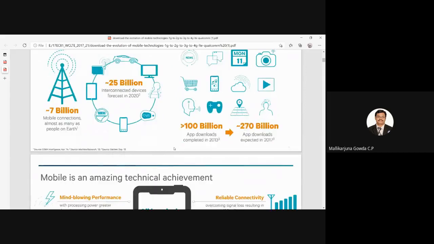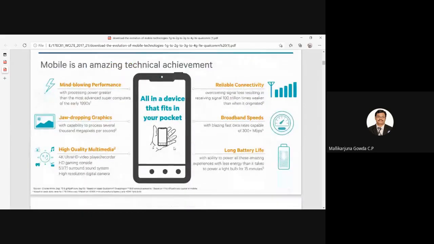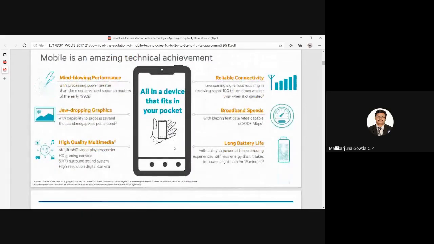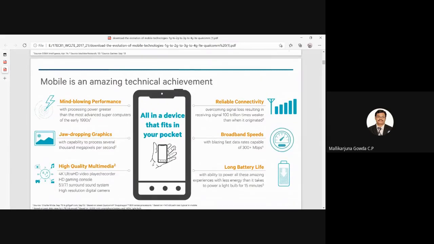Okay, I will go to the next one. What I can say is mobile is an amazing technical achievement. I will give 2 minutes time. There are 6 key points to understand about this device. I think people should look into it, and I will ask someone to interpret this.